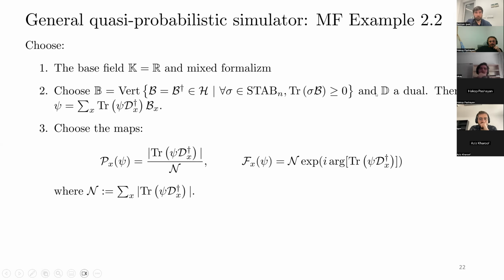Are you not including the trace one condition, or is it left out on purpose? I thought somewhere there was a pi. I think I just assumed that whatever pi is, I minus pi will also be a valid substitution.